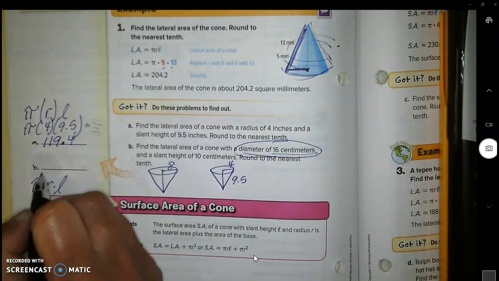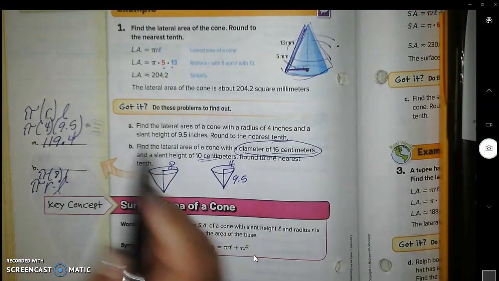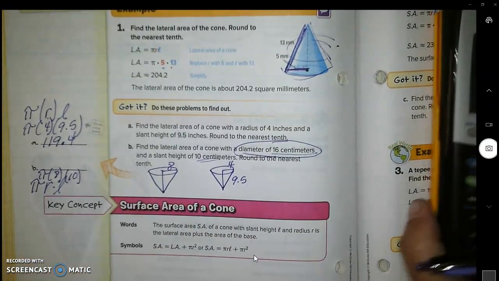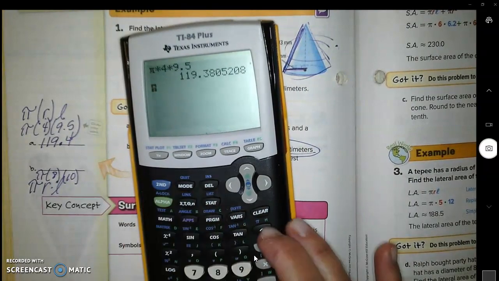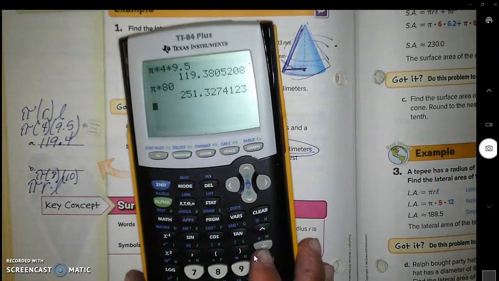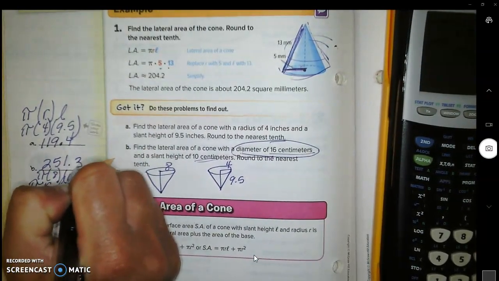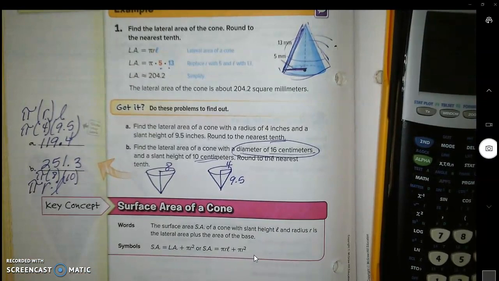So we're just going to do pi times 8 times slant height is 10. So we need to do pi times 80, or 8 times 10, which is 80. So 251.3. Okay, so that's the lateral area of a cone.